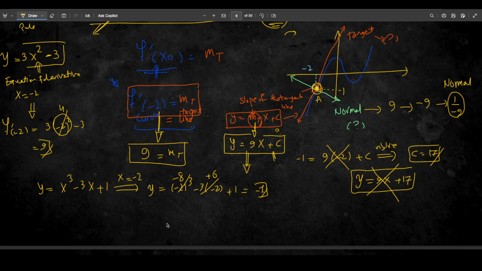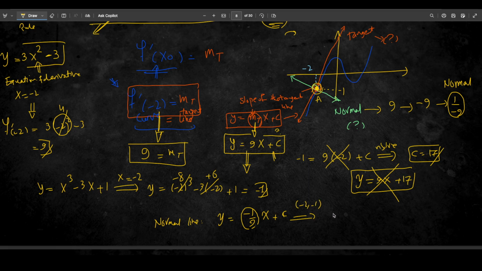All you have to do for the normal line is say y equals minus 1 over 9 times x plus c. Here you put once more the coordinates of point A, because point A is also on the green curve. So it's literally the same process. The only thing which is different is the value of the slope. You plug in the point minus 2 and minus 1.